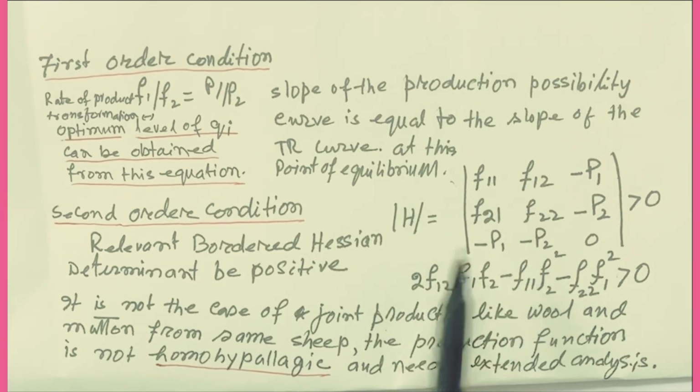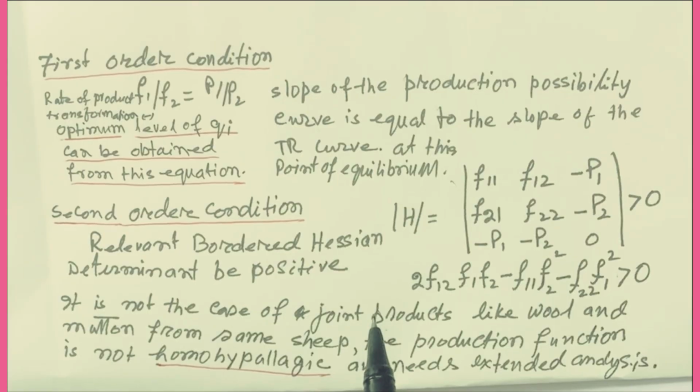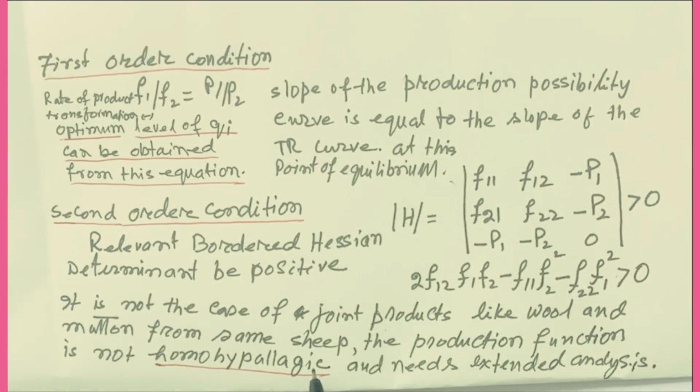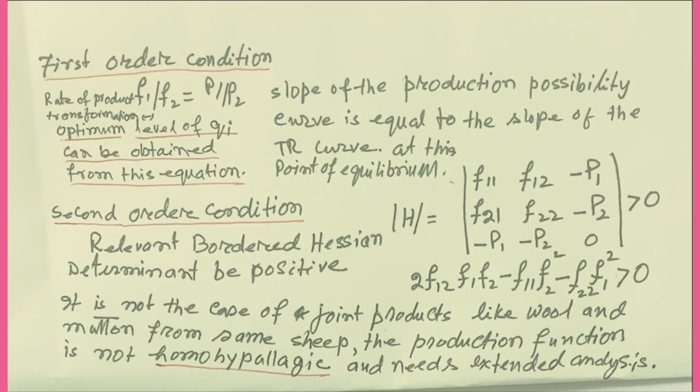So with this, we have completed the production possibility curve and how to maximize the profit by raising two combinations.